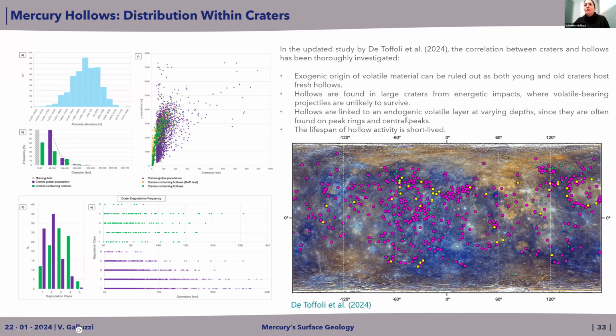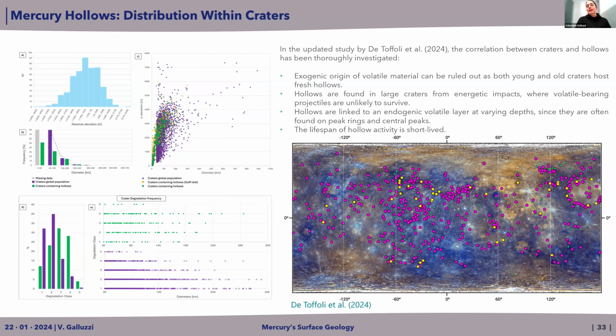And in this work, Barbara also found that the activity of hollows is short-lived, because they are such shallow features that they probably formed even in the past, but we have no trace of past hollows forming on the planet.